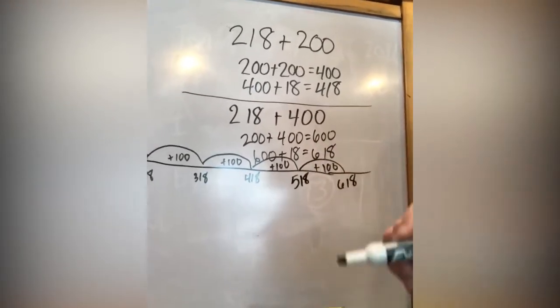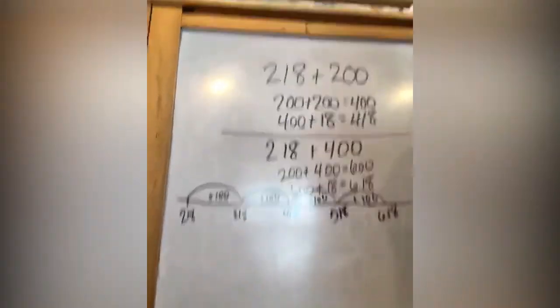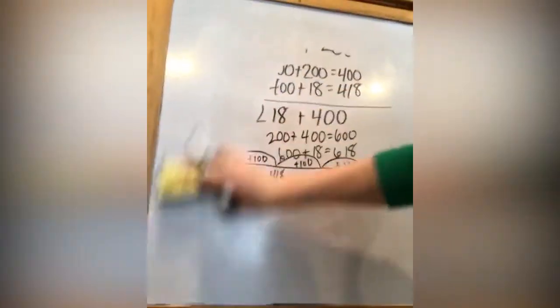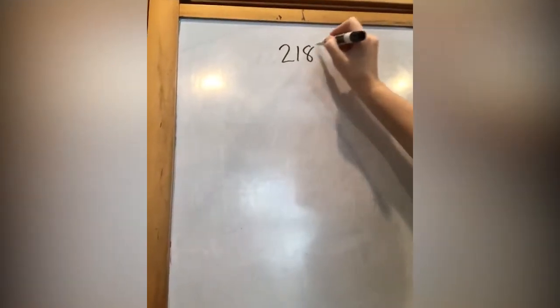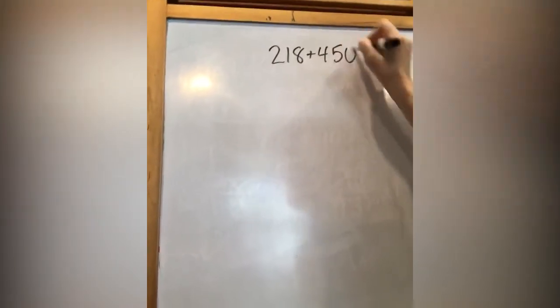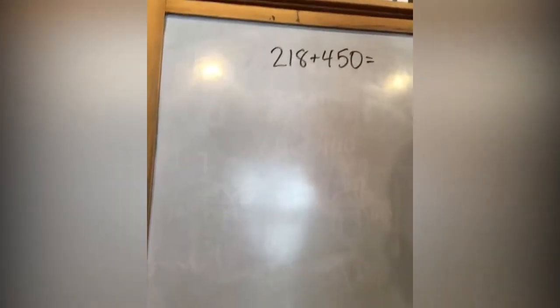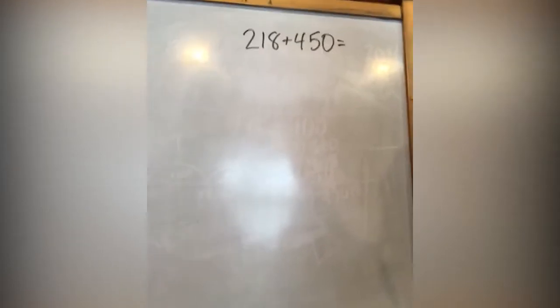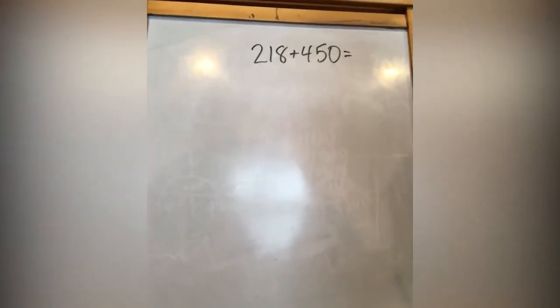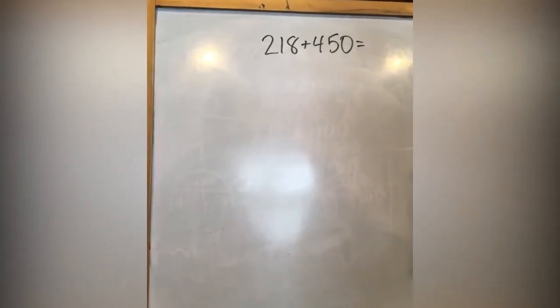Good. Okay. So then the real problem I want us to be able to look at now is 218 plus 450. I'm going to see if our strategies change at all based on the other problems we had done, or maybe there's a brand new strategy or a similar strategy to what was already done.